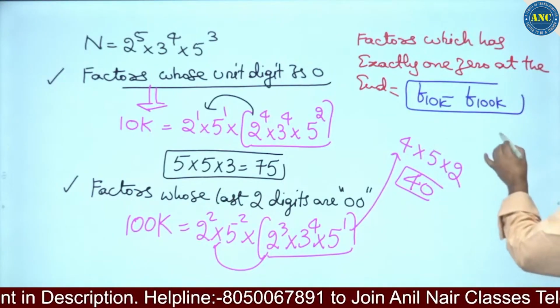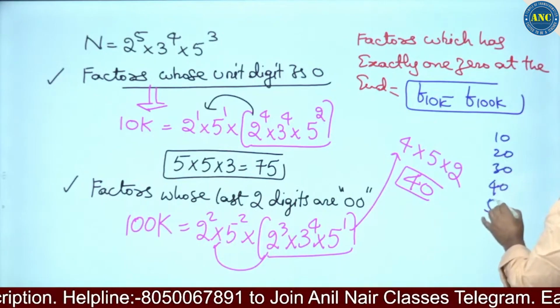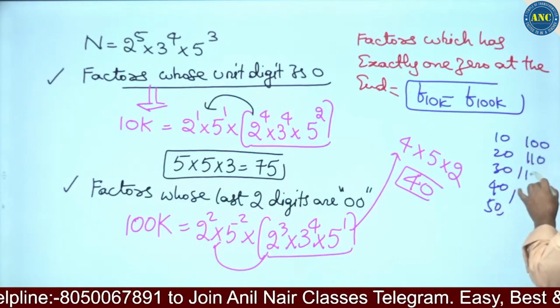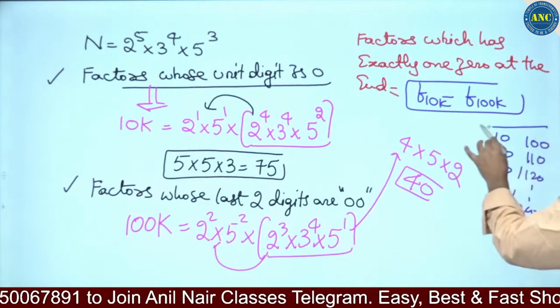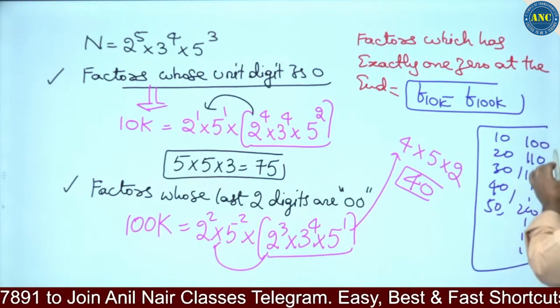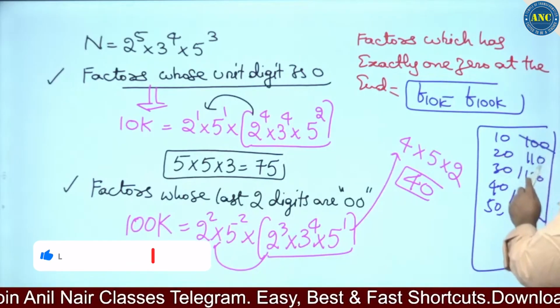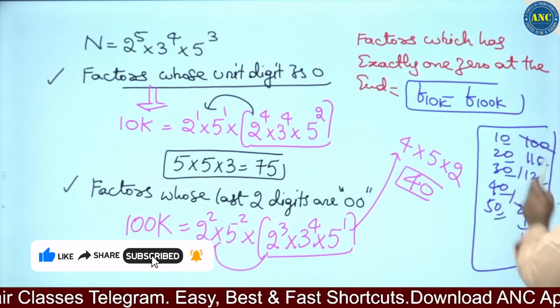See here, factors which are multiples of 10 are 10, 20, 30, 40, 100, 110, 120, 200 and so on. If I delete the factors which are multiples of 100, all of them have exactly one 0 at the end.